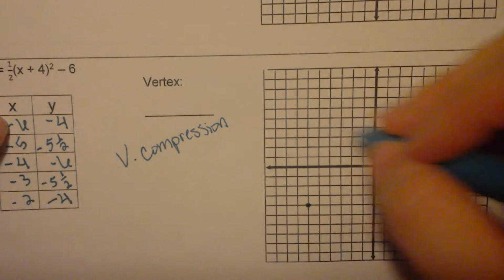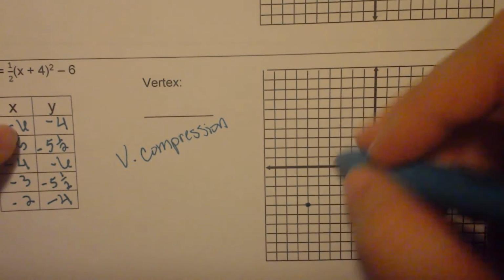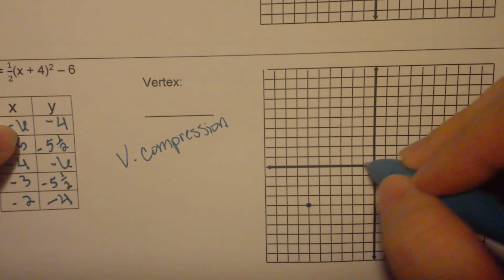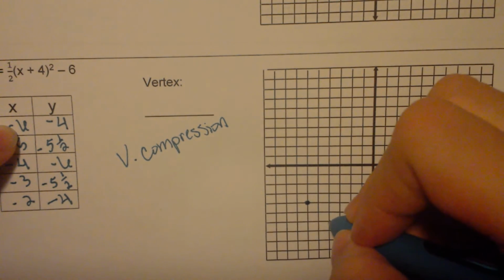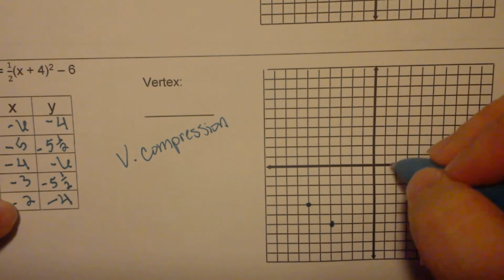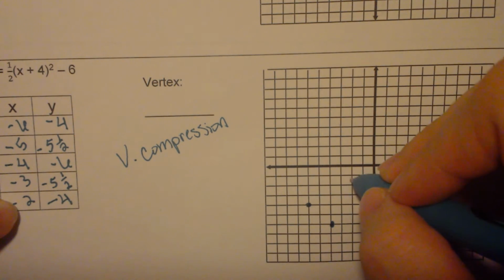Oh, I graphed. That's funny, those points are opposite. And then negative 2, negative 4.